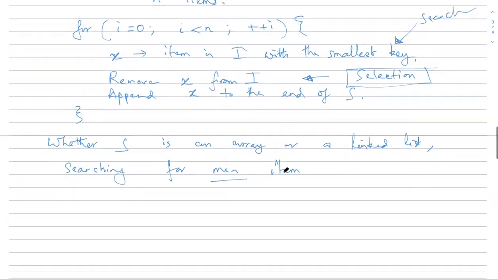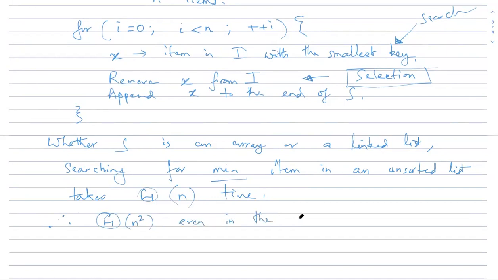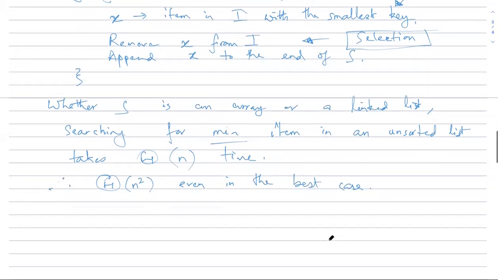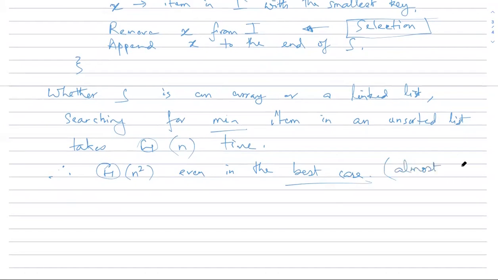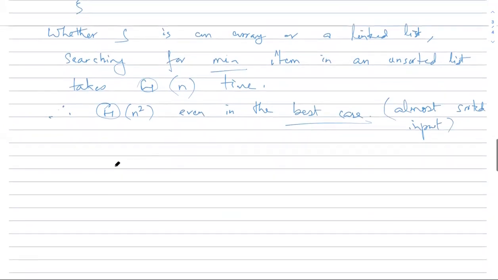So searching for the item with the smallest key or minimum key in an unsorted list takes order of n time, and therefore this is order of n square, even in the best case, in the sense when almost sorted input. So even in that case, this is going to take order of n square.